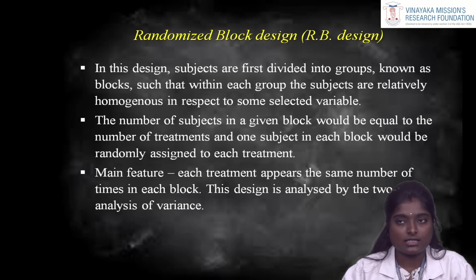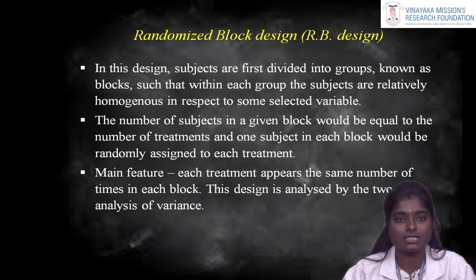Coming to randomized block design, where it is applied in heterogeneous group. In this design, subjects are first divided into groups known as blocks, such that within each group the subjects are relatively homogeneous in respect to some selected variable. So for example, if a group is heterogeneous, for example male and female are there in a single group, they have to be first separated according to the gender, male separate group and female separate group.